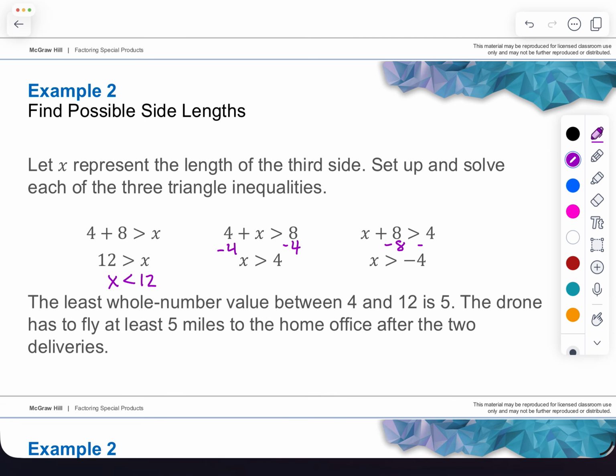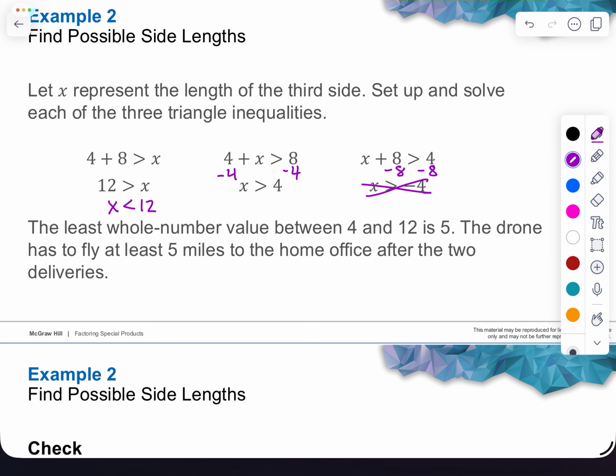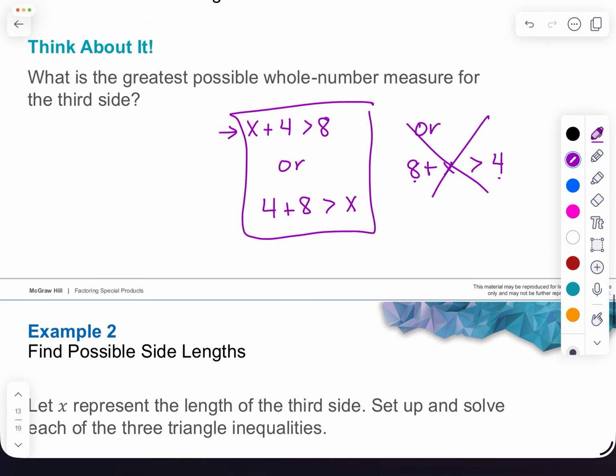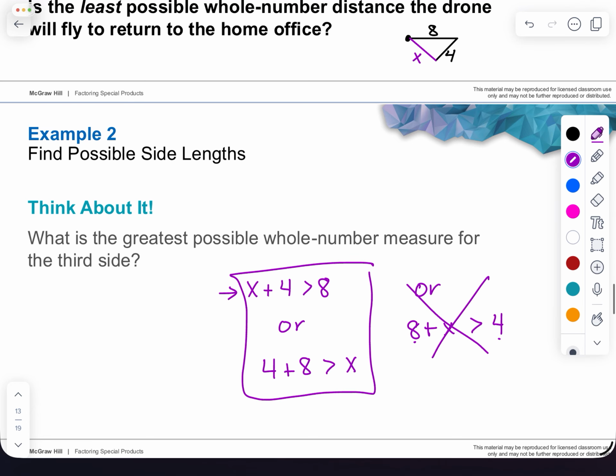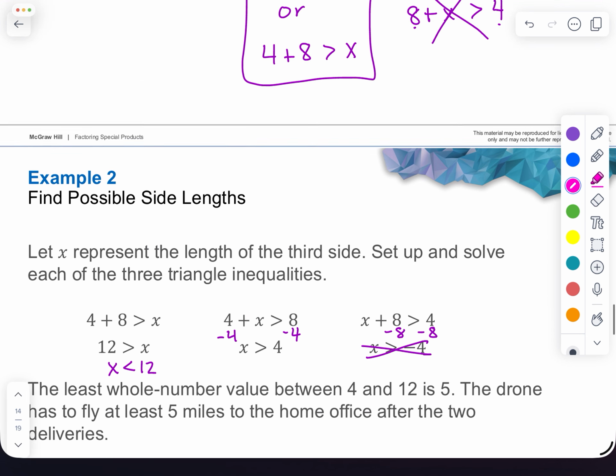Or subtract the 8, and you get X greater than negative 4. Again, not going to be that one. The least whole number value between 4 and 12 is 5. So the original question is, what is the least possible whole number distance?